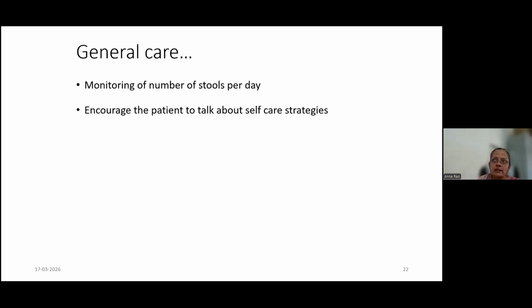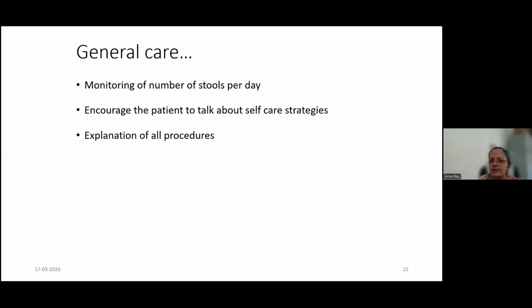And your relation, your IPR with the patient should be such that any problem the patient is facing, he should be able to talk with you. Okay, such type of communication should be developed, so that you can encourage him for his self care, and find out difficulties he is undergoing.